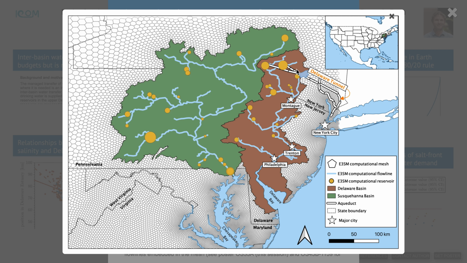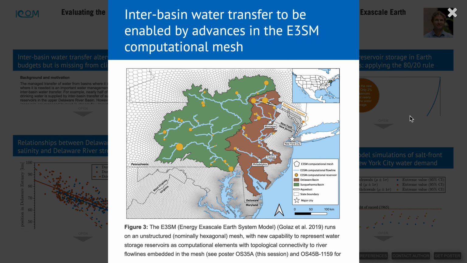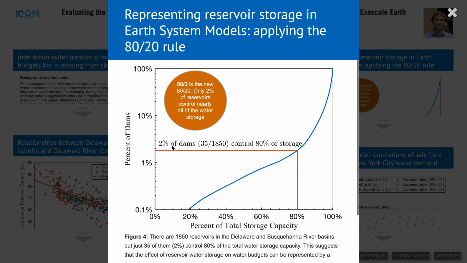So we examined the water storage capacity of reservoirs in the Susquehanna and Delaware River Basin and found that just 2% of reservoirs, or 35 reservoirs in total, control 80% of the storage in this region.